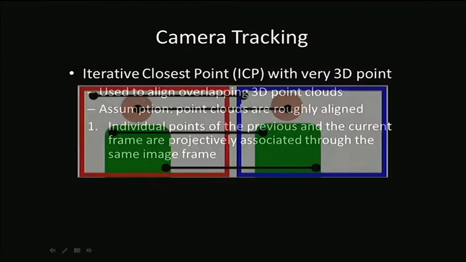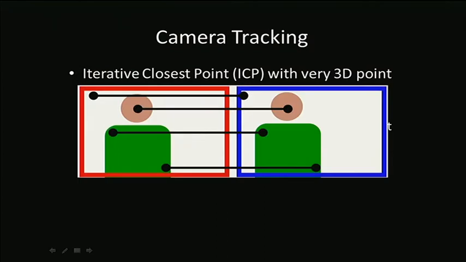So I'll now go through the individual steps of this algorithm. So first, we associate 3D points from the previous frame with the 3D points from the current frame. So we create associations between the two images. But we do this really naively by just taking points from the same image positions. So when the camera doesn't move, the point on the top left should coincide with the pixel in the top left in the right image.